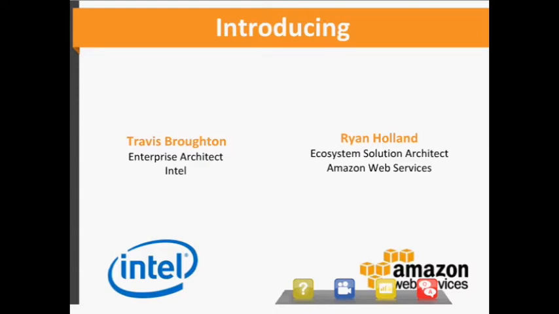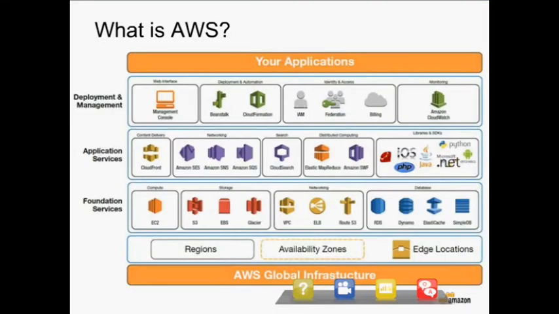Thank you very much, Sherry, and thank you everyone for joining us today. So I wanted to start with a quick high-level overview of what AWS is as a platform. A lot of folks might be familiar with EC2 or S3, a lot of our compute and storage services, but it's really a platform that has a whole host of services that surround our core compute, database, and storage.